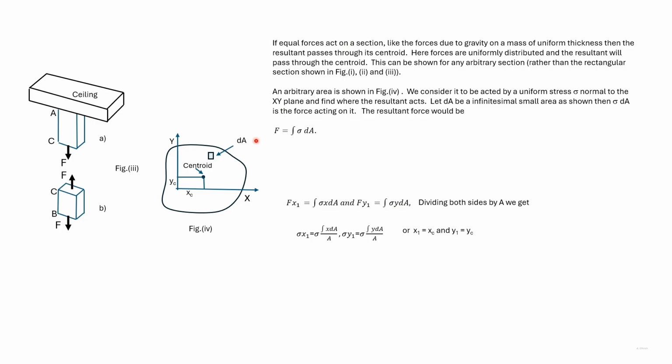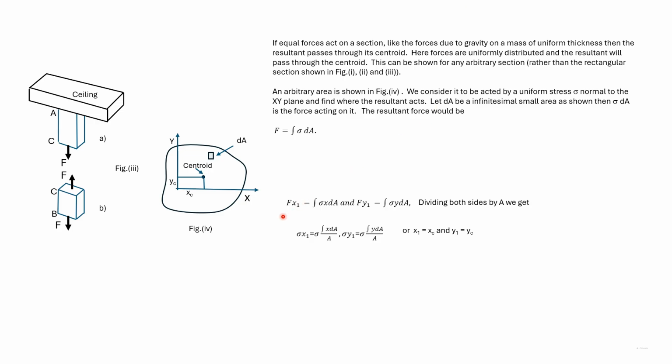Now let the resultant act at a distance y1 from the x-axis. Then the resultant will create the same moment. So F y1 is equal to the integral of sigma y dA. Similarly, we can get the equation F x1 is equal to the integral of sigma x dA.